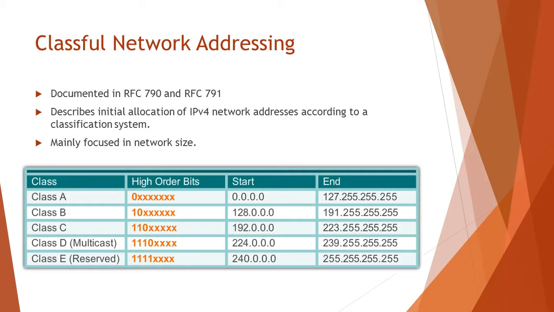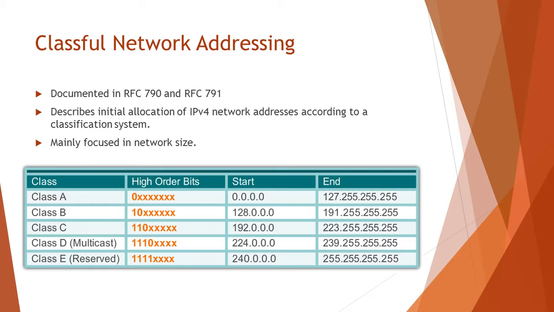Now let's talk about classful network addressing. Released in 1981, RFCs 790 and 791 describe the initial allocation of IPv4 addresses in a classification system. This classification system focused primarily on network size, establishing the following classes. Class A addresses, which were intended for large organizations.